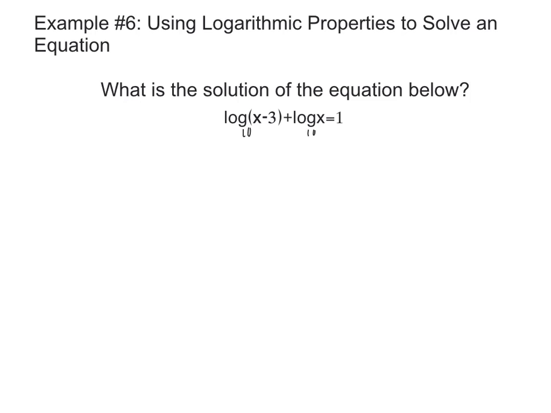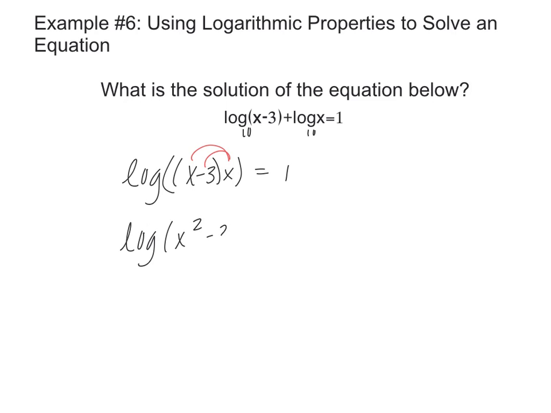So this is really log of x minus 3 times x equal to 1. Multiply x times x minus 3 by distributing the x to both, and this becomes log of x squared minus 3x equal to 1.